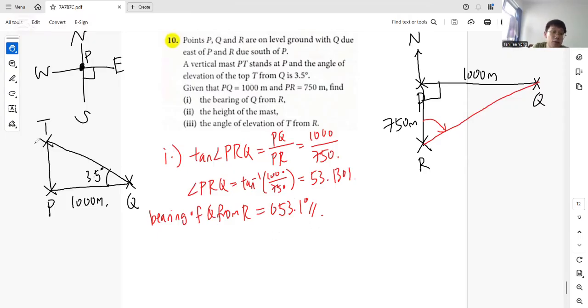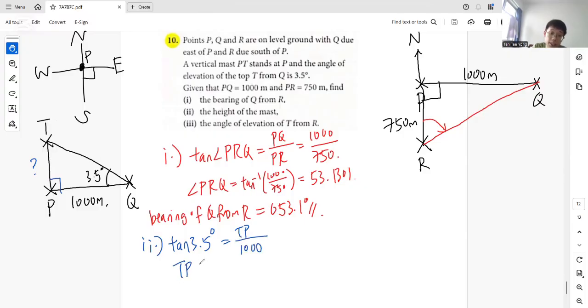All right, let's move on to part 2, in blue. Part 2, find the height of the mast. So the mast is here, TP. This diagram over here is at TP. Same thing, right angle triangle, use SOH CAH TOA. So opposite over adjacent. Tangent 3.5 degrees equals opposite, which is TP, over adjacent, which is 1000.